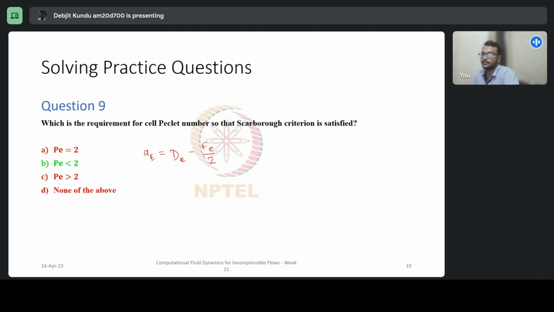Now, in order that Scarborough criterion is satisfied, AE cannot be negative.